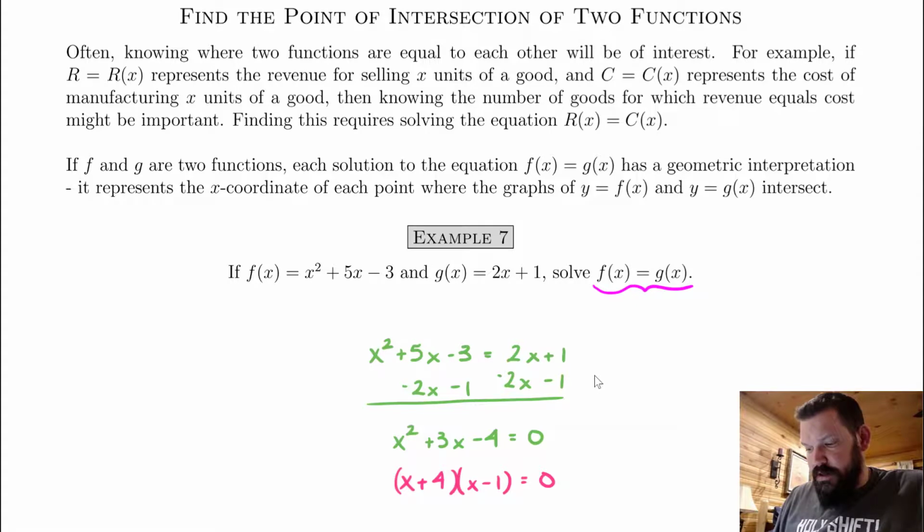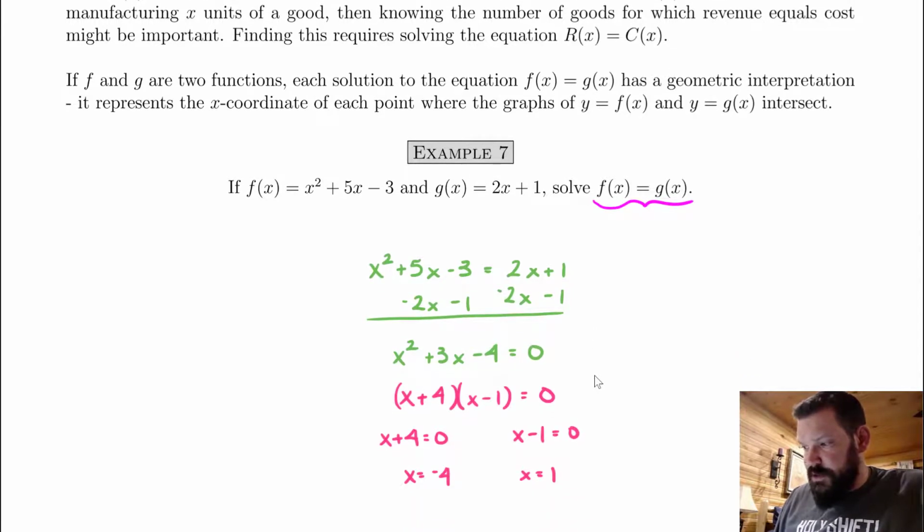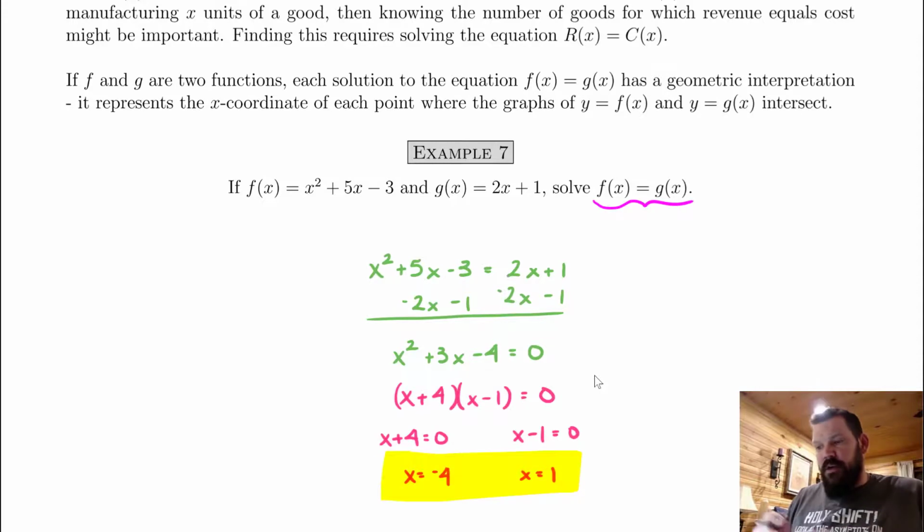And when we use the zero product property, we take each factor, set it equal to 0, and then solve for x. So we get x is equal to -4, x is equal to 1. So the solution in this case is when x equals -4 and when x equals 1, those two equations are equivalent to one another.